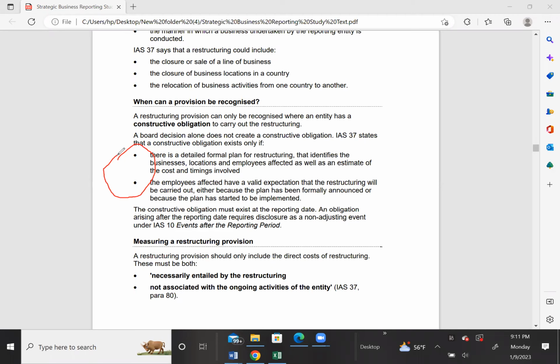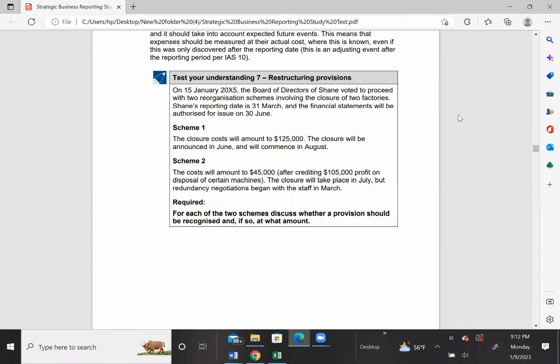Scheme 1, the closure cost will amount to 125. The closure will be announced in June and will commence in August. So the announcement will be done after the year end. So for scheme 1, no provision will be made on 31st March X5 because the announcement will be made in June, after the year end.